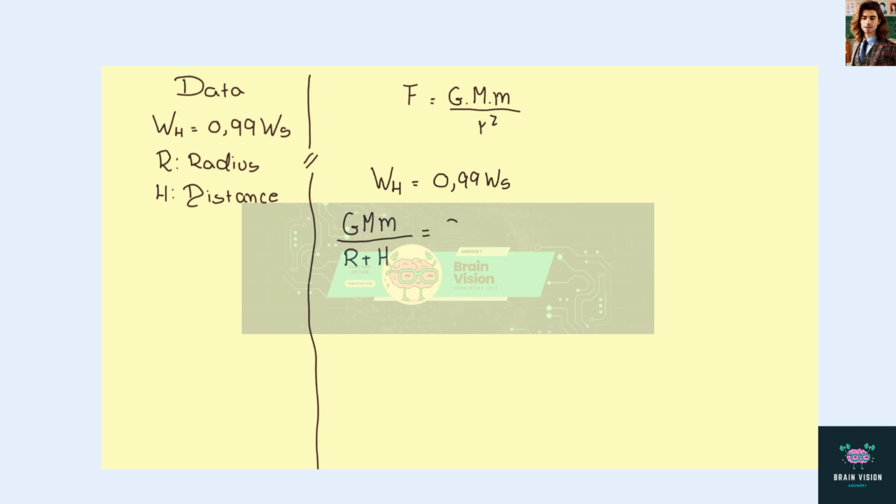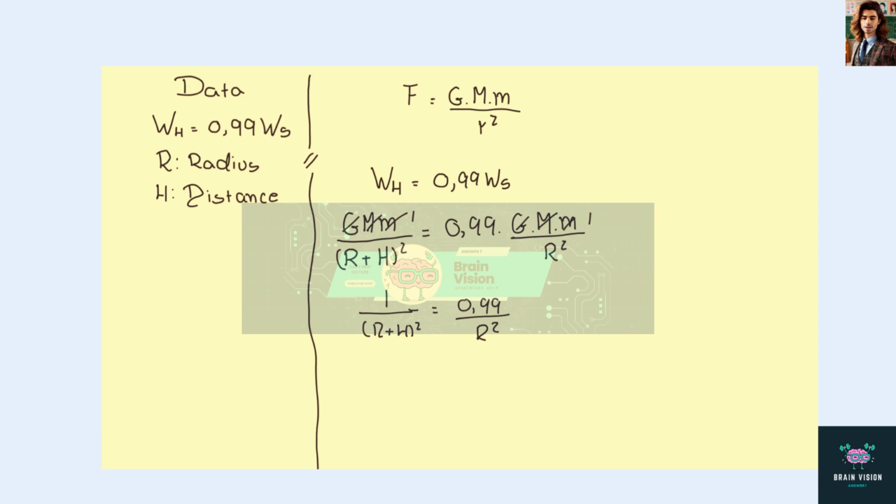On the other hand, we have 0.99 times the Newton constant times the mass of the planet times the mass of the object divided by the radius of the planet, and these distances are squared. So we simplify the common terms on both sides of this equation, and we are left with 1 divided by (r plus h) squared is equal to 0.99 divided by r squared.